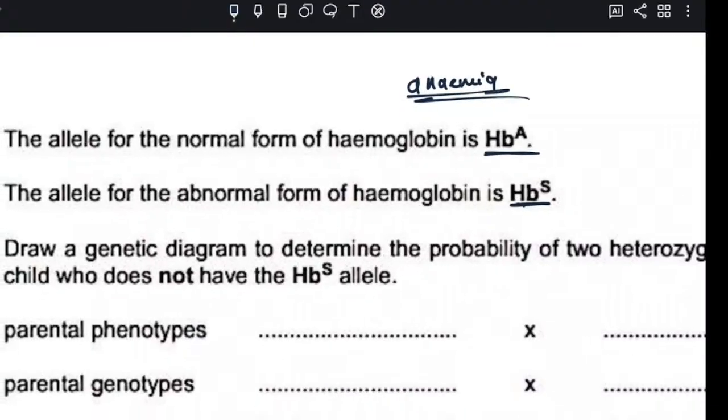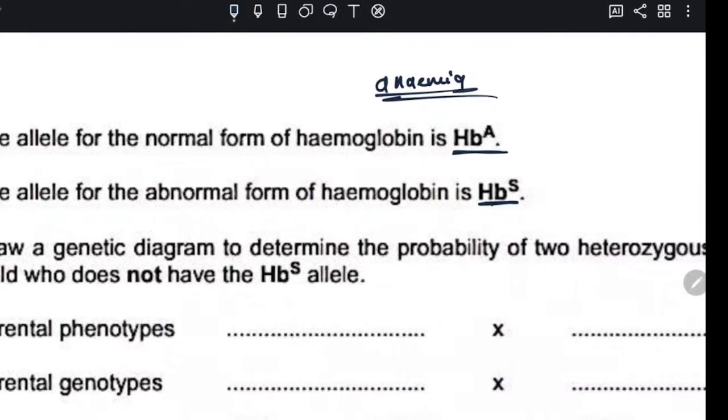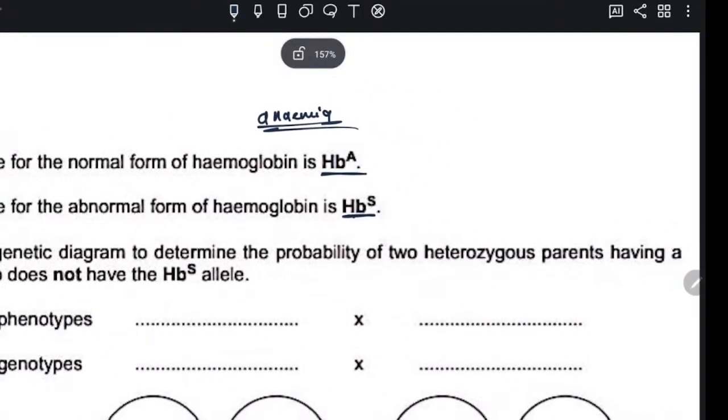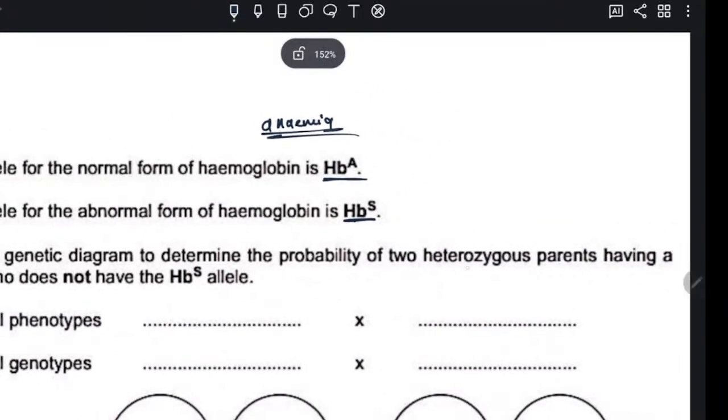Now let's see what it says. Draw a genetic diagram to determine the probability of what type of parents? Probability of two heterozygous parents. What an easy thing. Two heterozygous parents.